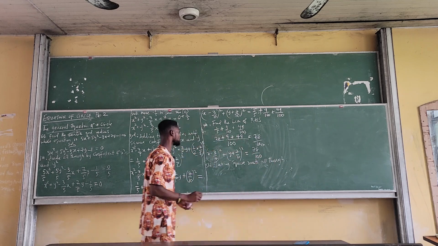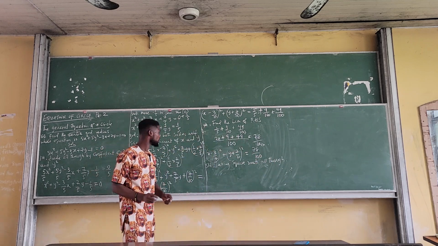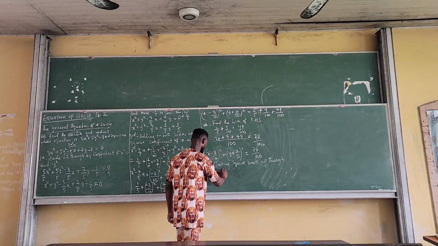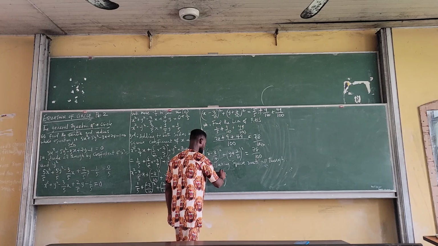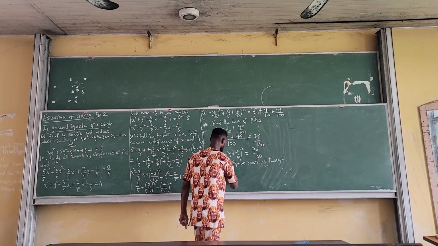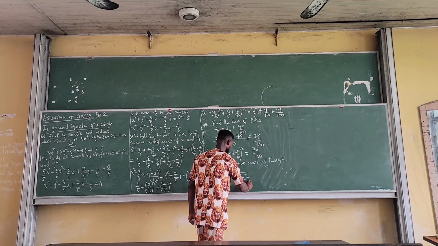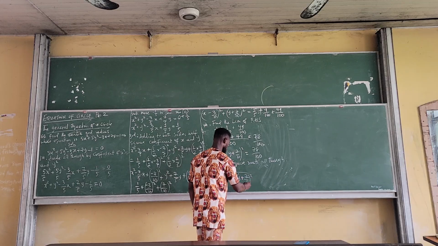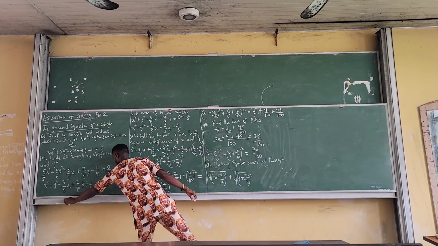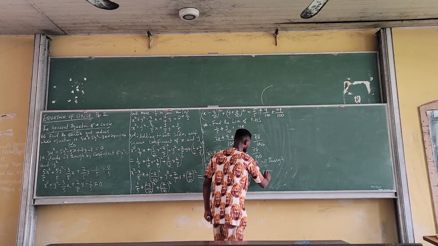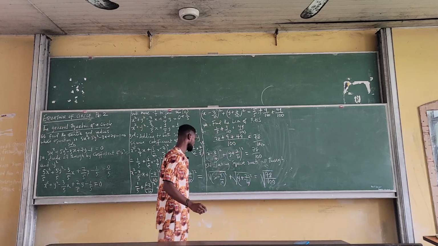If you take square root all through, you're going to have square root of x minus 3 over 10 all in square plus square root of y plus 7 over 10 all in square is equal to square root of 78 over 100.